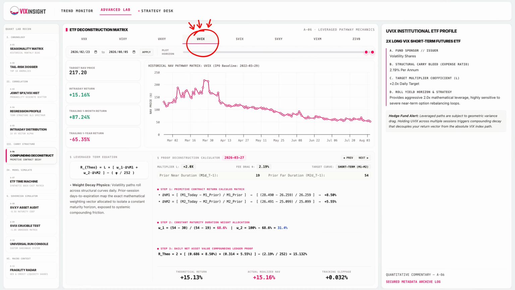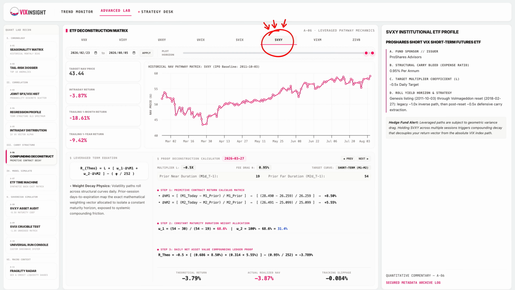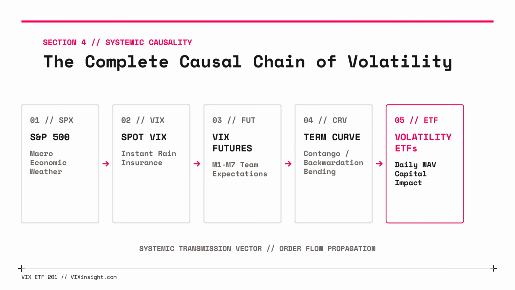And for UVIX, you multiply it by 2. And for an inverse ETF like SVXY, you multiply it by minus 0.5. Just like that, we have walked through the complete chain, showing you step by step how changes in raw VIX futures lead directly to the theoretical returns of the ETFs you trade.